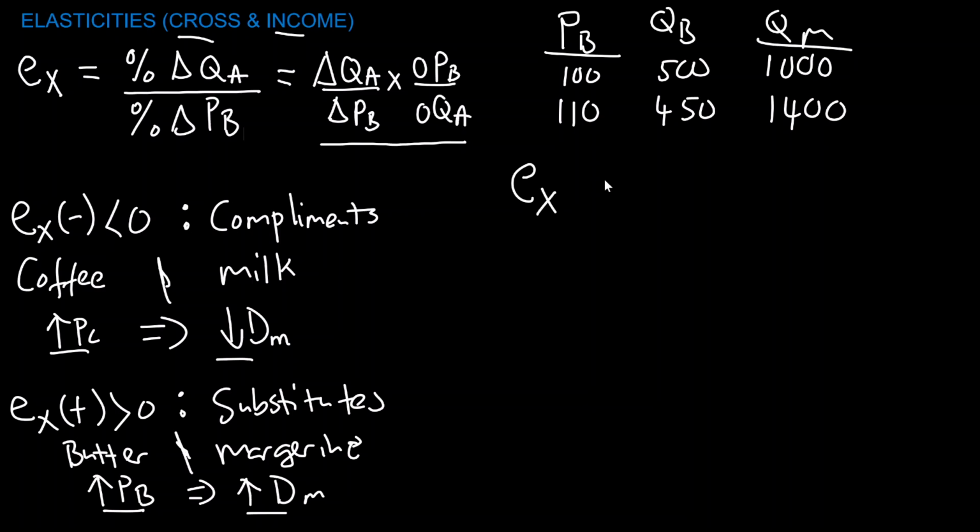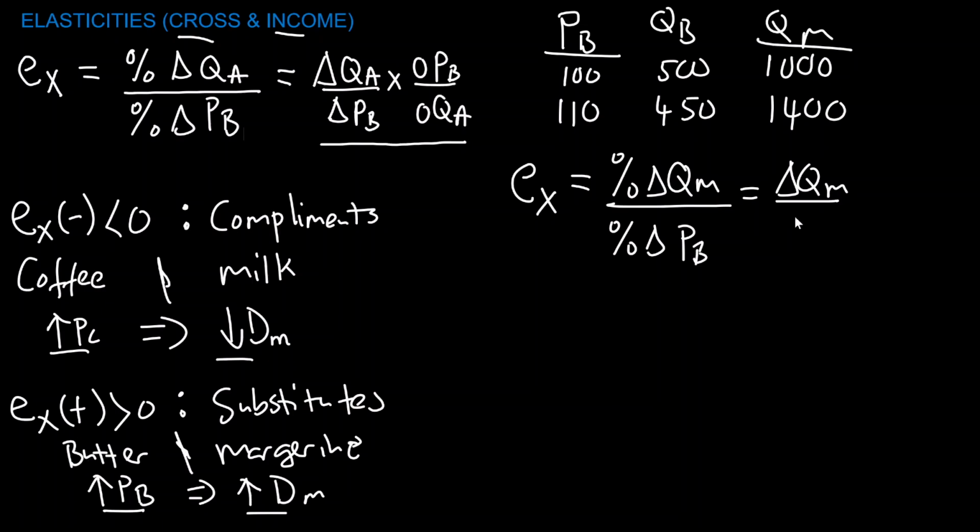But the cross elasticity is equal to the percentage change in the quantity of margarine divided by the percentage change in the price of butter, and then I will use this one where I take the change in the quantity of margarine over the change in the price of butter times the original price of butter over the original quantity of margarine.